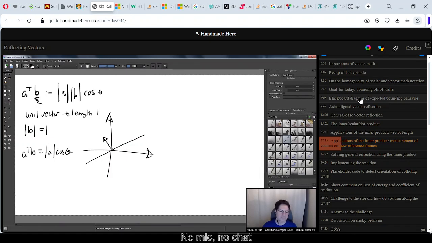Now, if I have some other vector, this guy's doing his incoming bounce, so this is that incoming velocity. So here's my vector B, and I guess in this case, I want to say that this is A for our equation. So that incoming velocity is A.